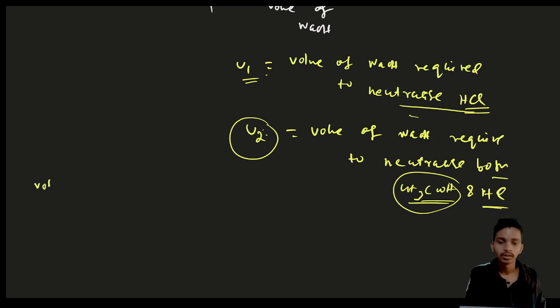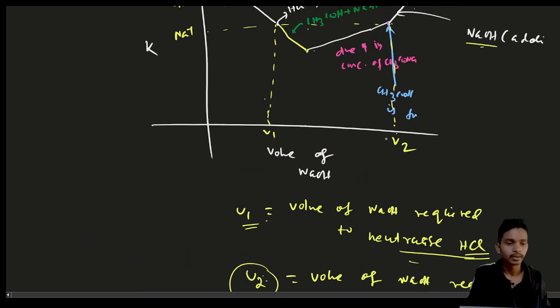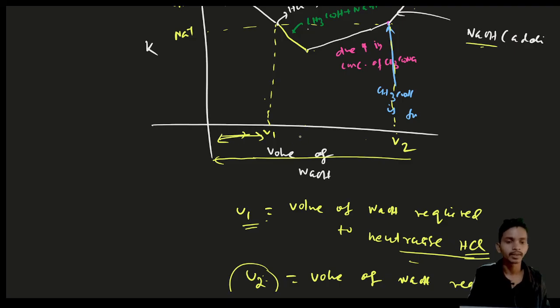So the volume of NaOH required to neutralize only CH3COOH is how much? This is total minus B1. If I subtract this amount from this amount, then I will get this.